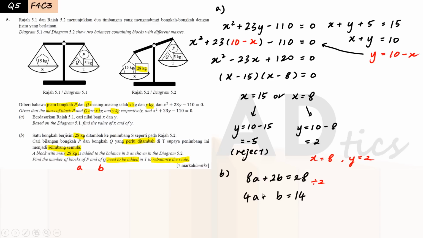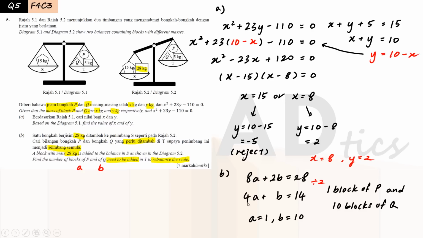One of the answers is to put A equals 1. So here will be 4, and I move 4 to the other side, 14 minus 4, so B is 10. This means we need 1 block of P and 10 blocks of Q.